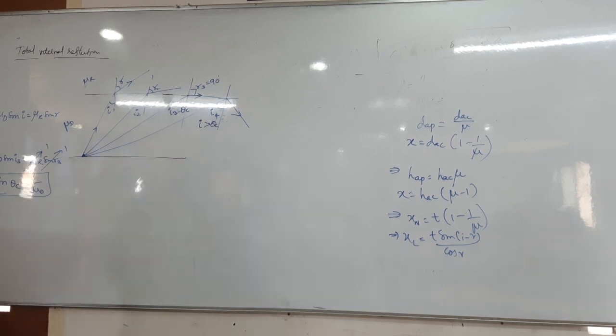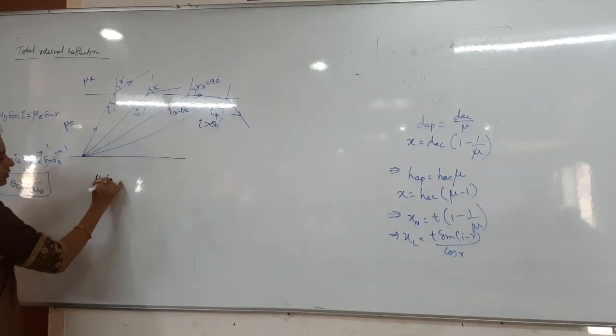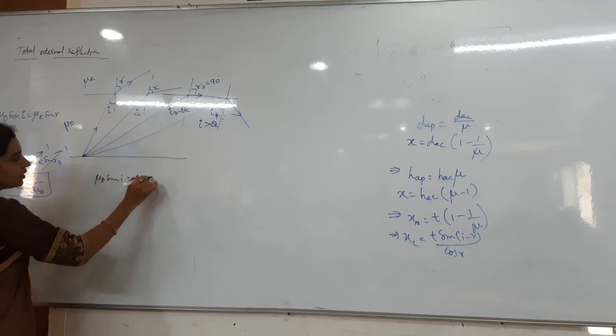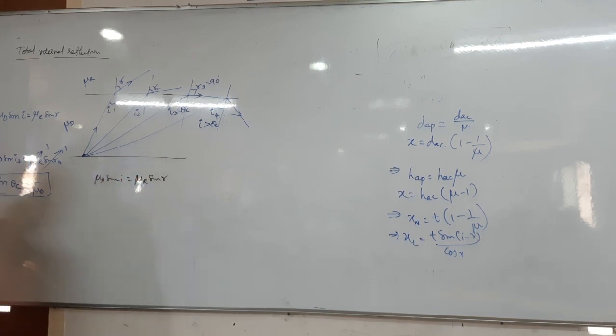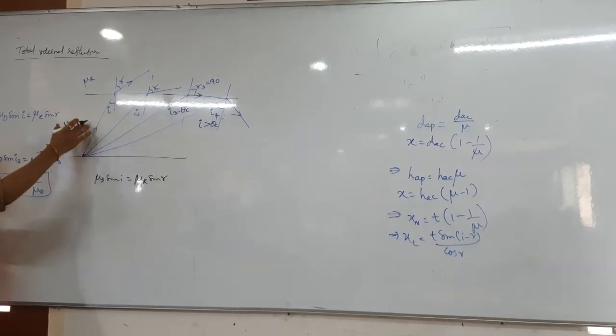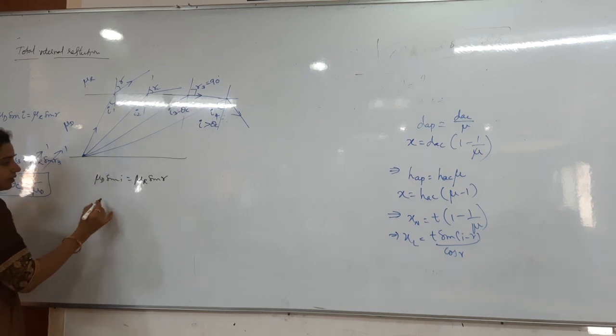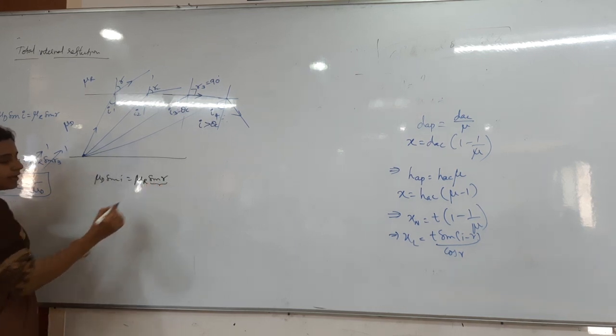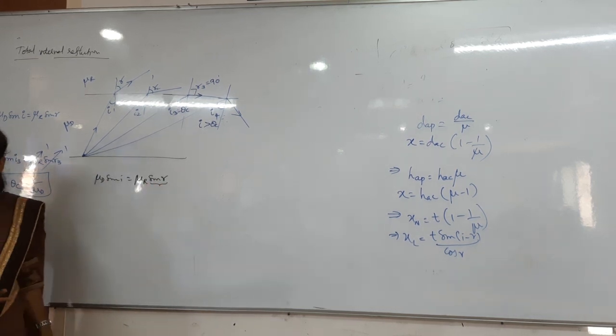Now in this, one more formula will form. Let us consider this case: mu d sin i is equal to mu r sin r. They have not given the rarer medium as air, they have given some other medium which is rarer as compared to this medium. Then here I can find the refraction angle. Sometimes they will ask for the refraction angle also.